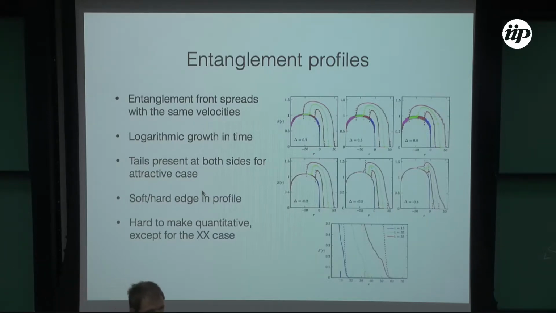At least no one has yet described anything which is logarithmic in terms of quasi-particles, at least the qualitative structure. Of course, quantitatively, you can see very nicely that these edges here correspond to the spinon velocity to the left, and to the maximum right velocity, just as for the magnetization. So qualitatively, you see that this front region in the entropy is there, it's described, but if you want to get the full profile, it's not so easy.